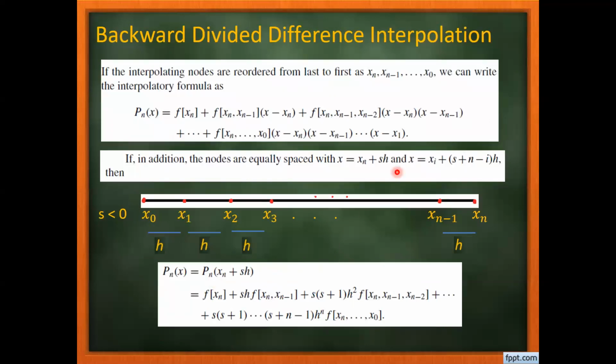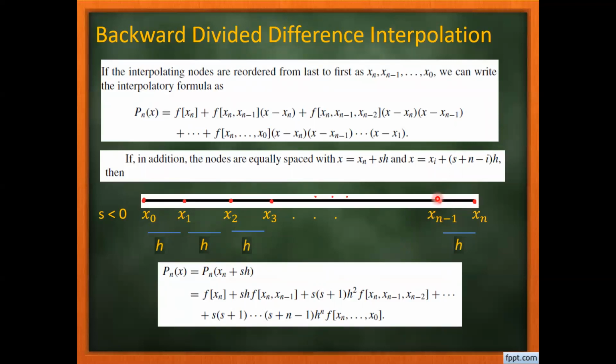Rather than starting from x0 to xn, for backward divided difference interpolation we are going from xn to x0. As I have discussed earlier, in forward difference interpolation, we were using the x0 node to approach all these data points. We can adopt the same logic for backward divided difference interpolation: we choose xn as our reference point, and then we can subtract h to reach xn minus 1.